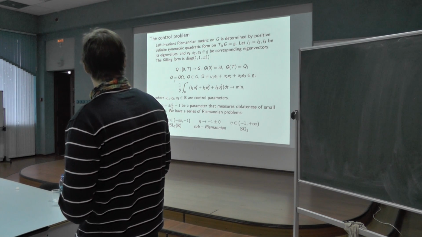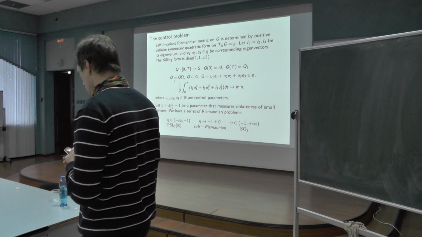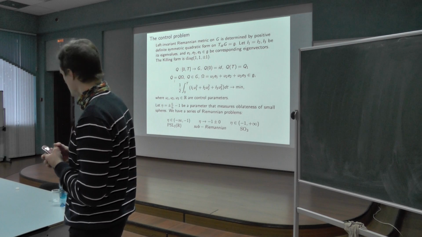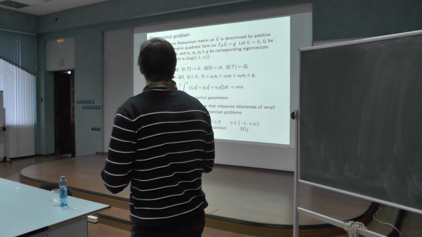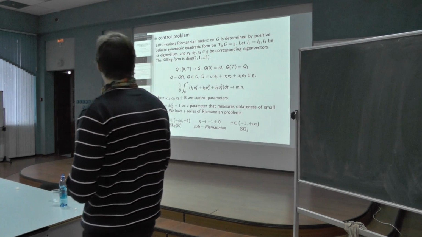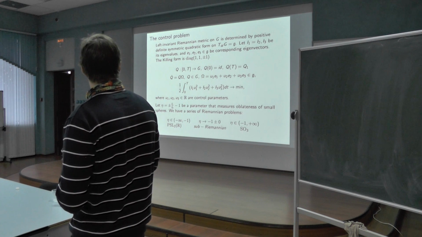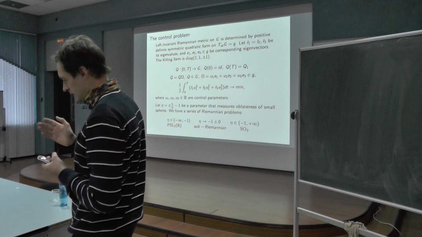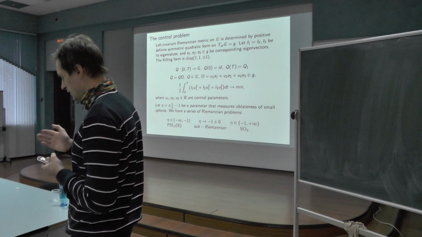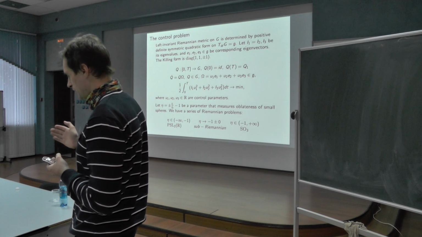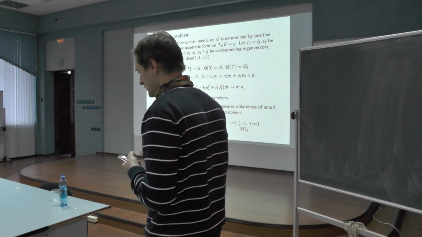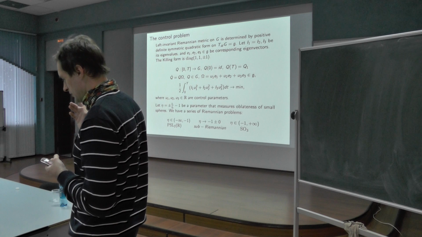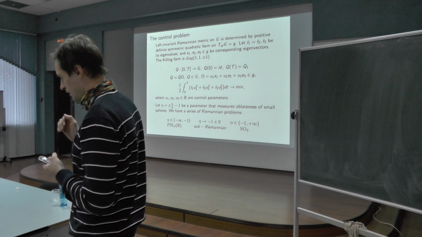Let E1, E2 and E3 be a frame in the Lie algebra in which the Killing form and the metric have diagonal form. The Killing form has eigenvalues 1, 1 and plus or minus 1. It depends on our group.